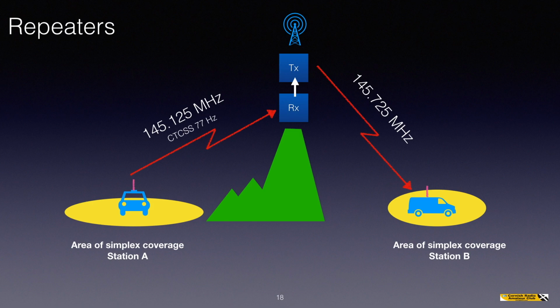Well, it's impossible, or very difficult, to transmit and receive simultaneously on the same frequency, because the transmit power would go into the receiver and we'd have feedback. So we have to have some filtering between the transmit and the receive to stop that happening. This is not a testable item.